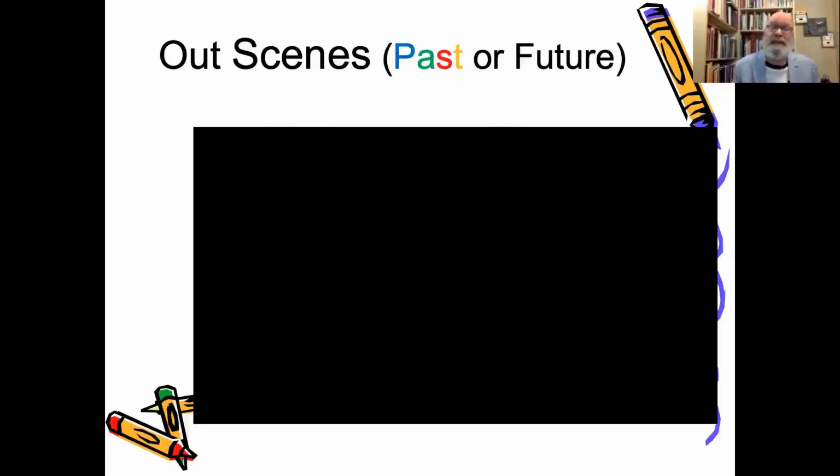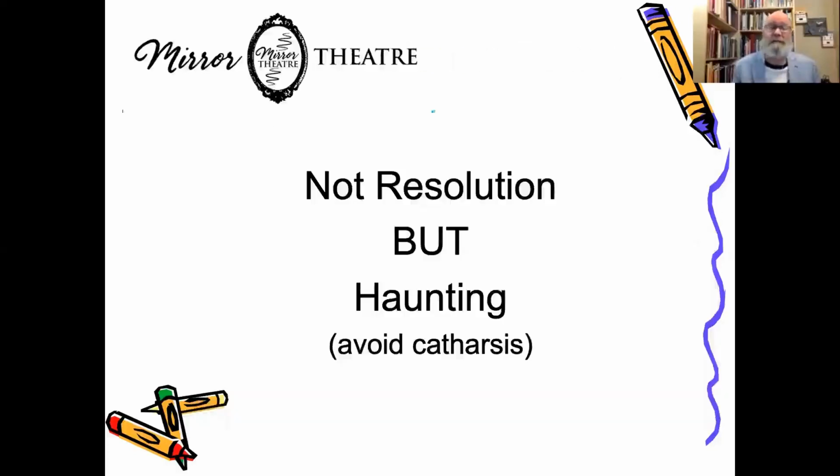And we found many times there were conflicting expectations about what was going to happen. At the same time, as I said, with these scenes, we're not looking for resolution, but we would like to leave our audiences haunted. We try to avoid catharsis and problematize it so they can bring it back to their own lives.